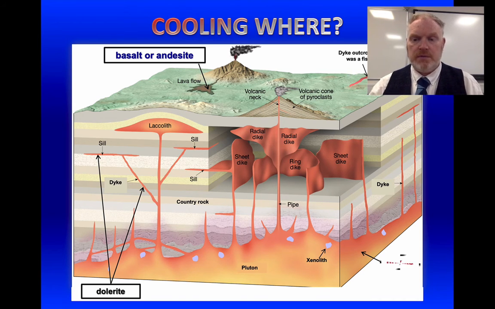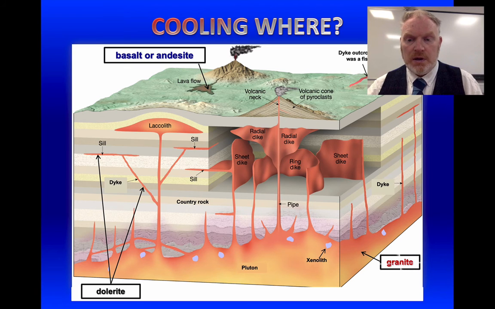Finally then, our pluton will be made of coarser grained rocks like granite, maybe gabbro.